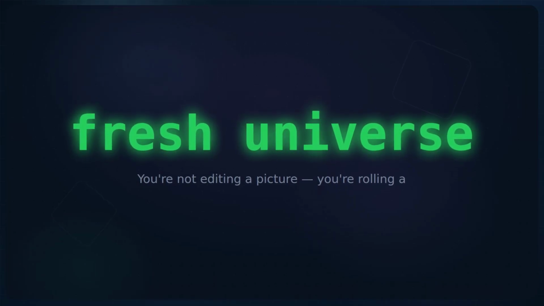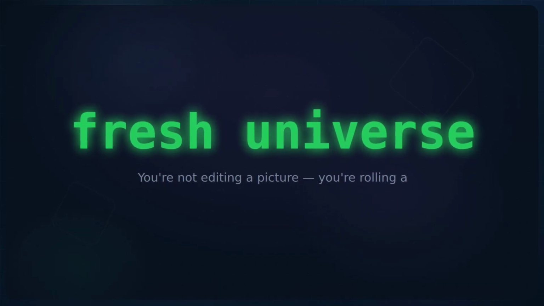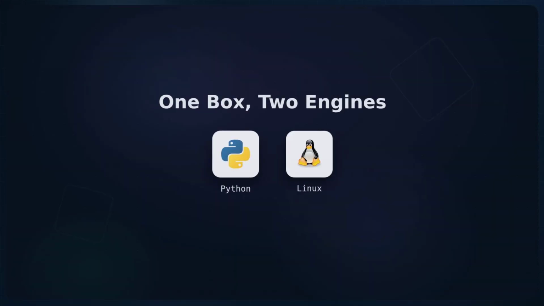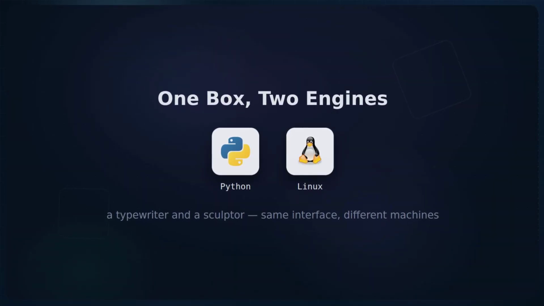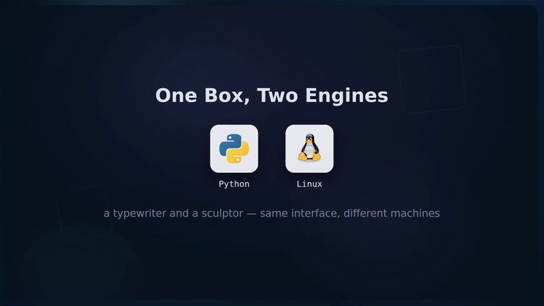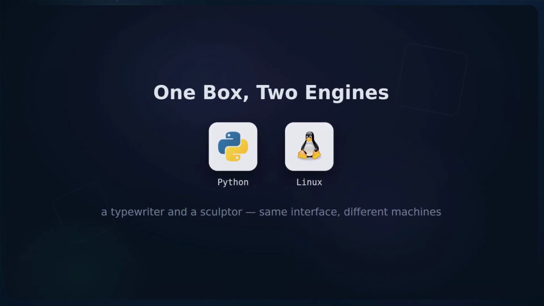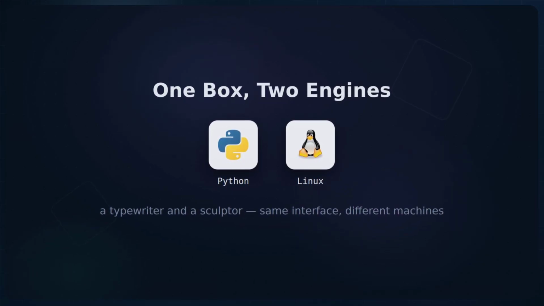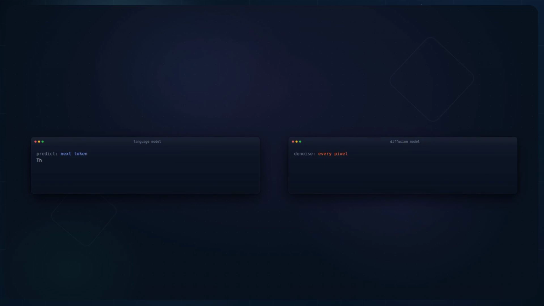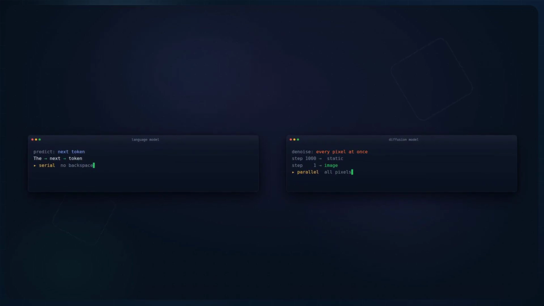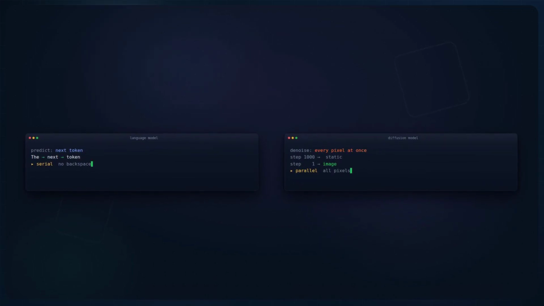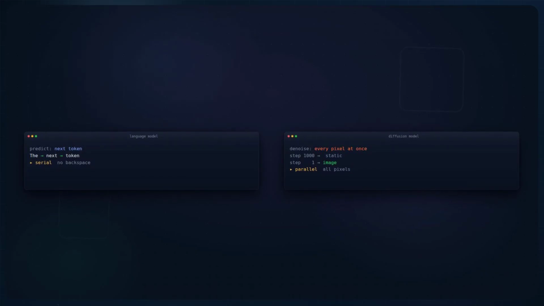One box, two completely different machines: a typewriter predicting the next token with no backspace, and a sculptor that condenses photographs out of static, revising every pixel at once. One speaks in symbols, the other in light, but the walls between them are coming down. Image models learn to spell by training on honest captions. Chat models learn to paint by treating patches of pixels as words.